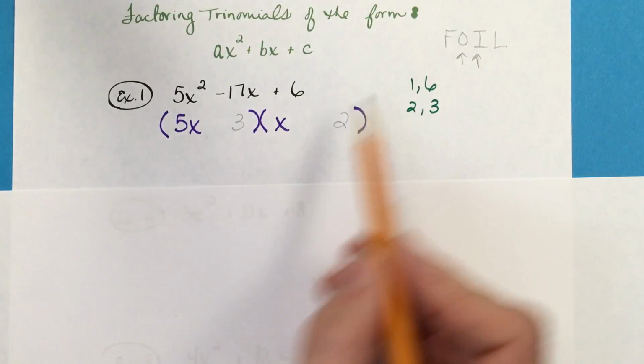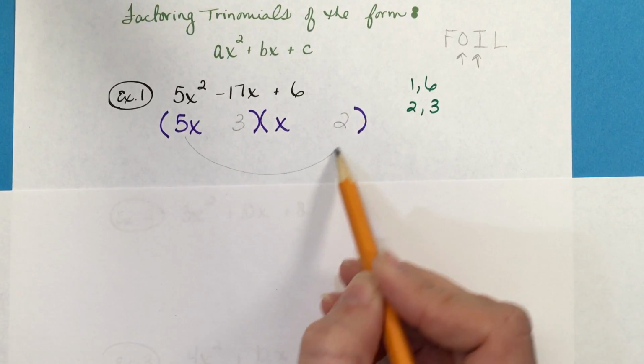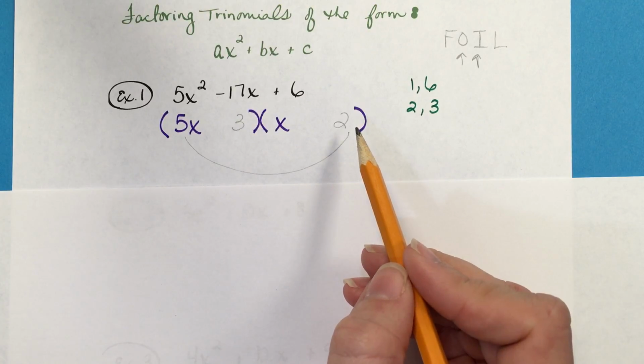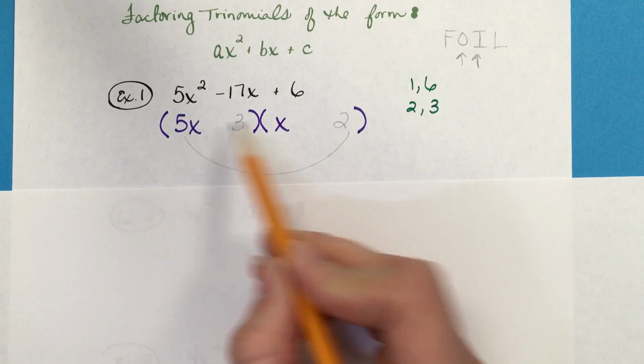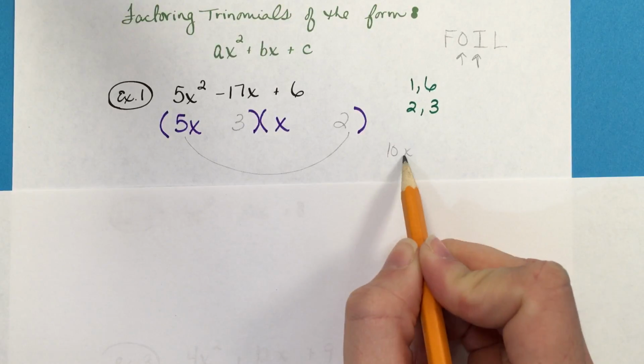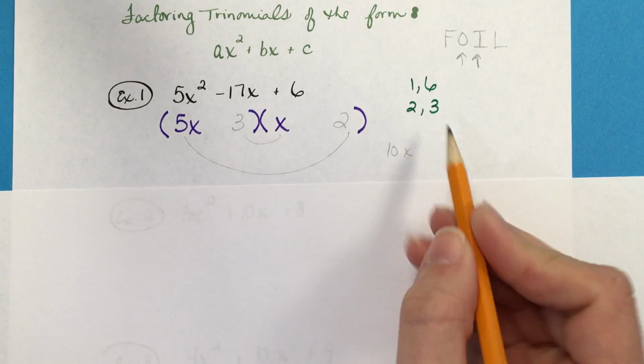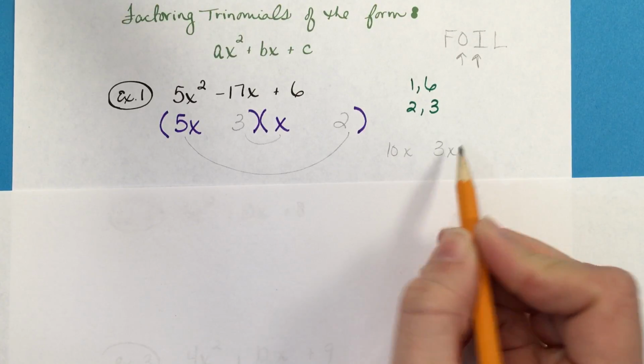So when they say outer, that means we're going to multiply the two on the outside together. Now, I'm just going to treat everything as positive for just a minute. So if I multiply the 5x times the 2, I get a 10x. Then if I multiply the inners, the 3 times the x, that's going to give me 3x.